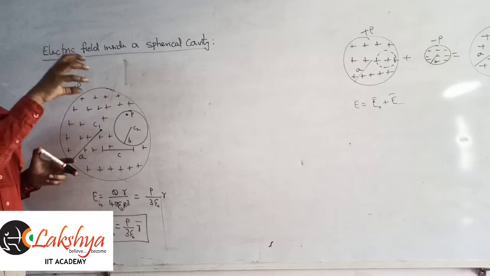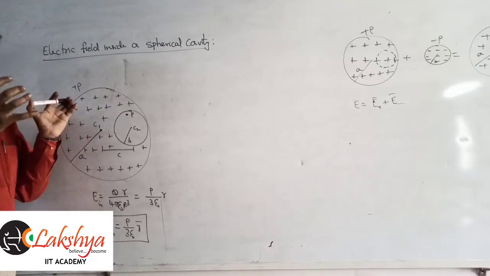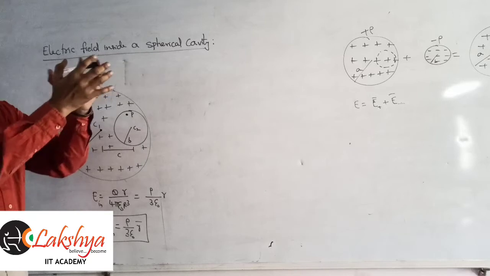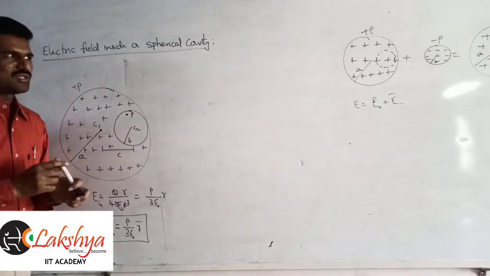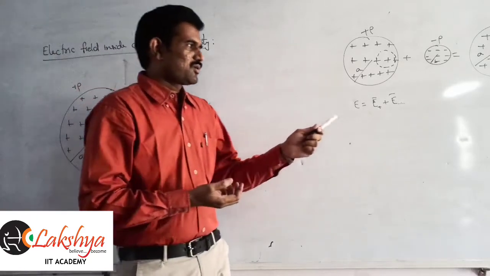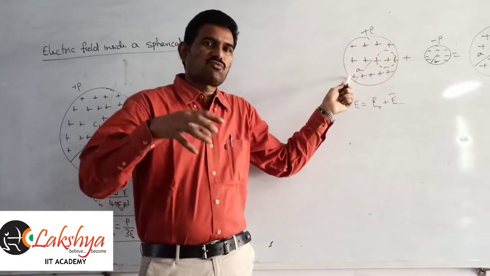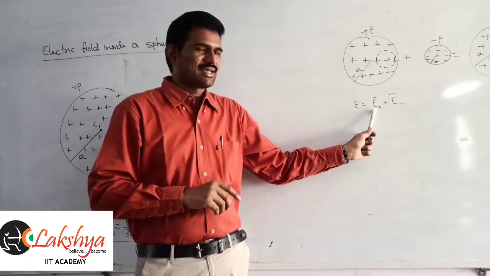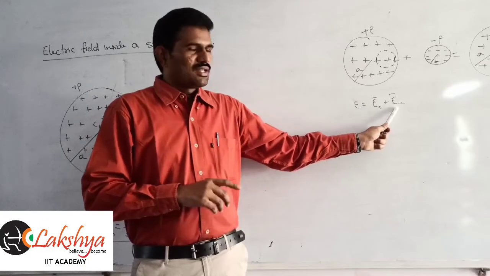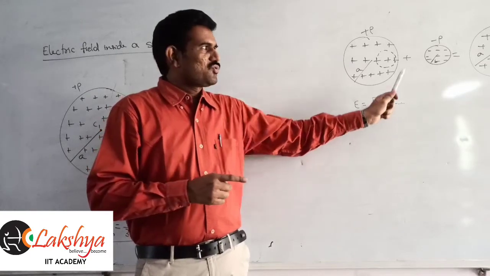When we combine them, that results in our cavity. So the resultant electric field at any required point is the electric field due to the positively charged sphere without any cavity, plus the electric field due to the cavity having opposite charge density.